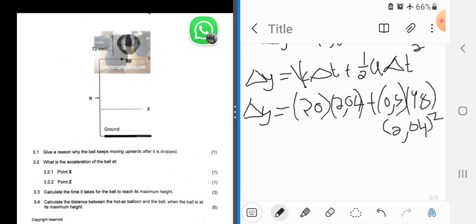I don't have space there, and then the change in y here will be 20.4 meters.